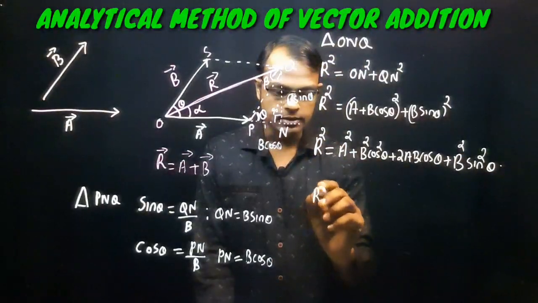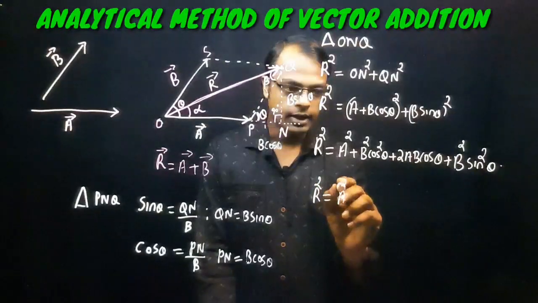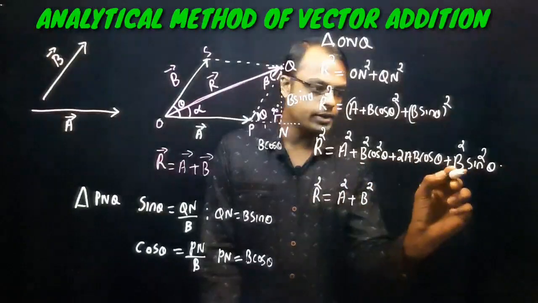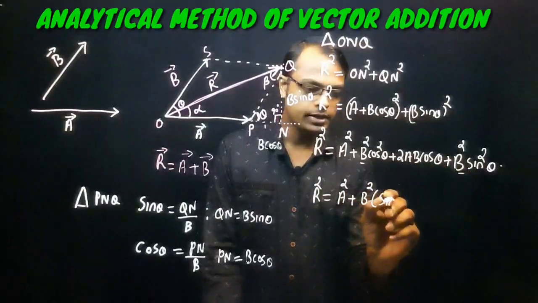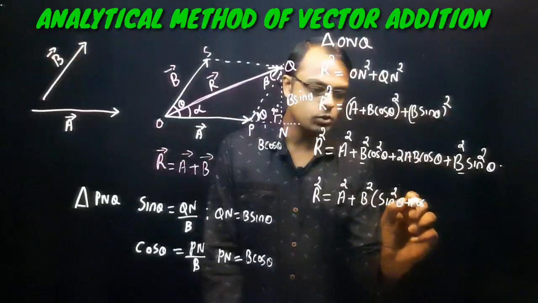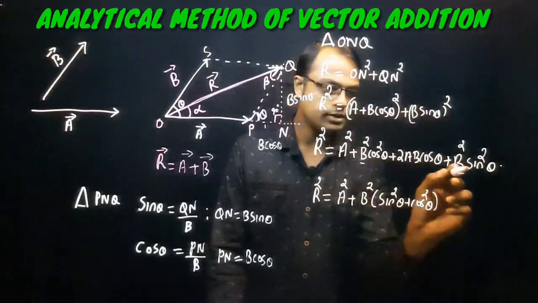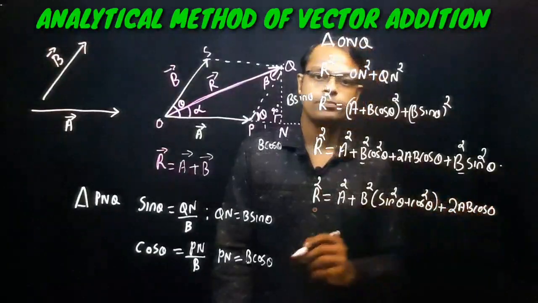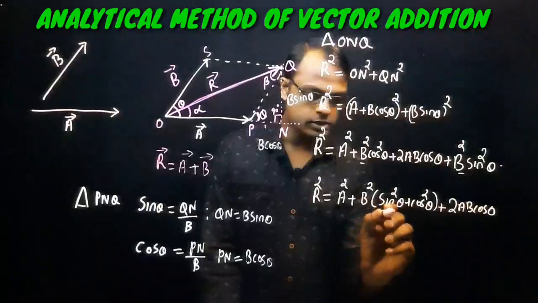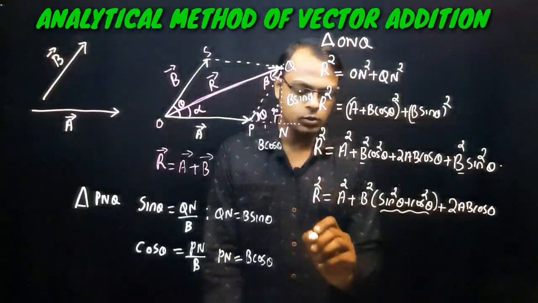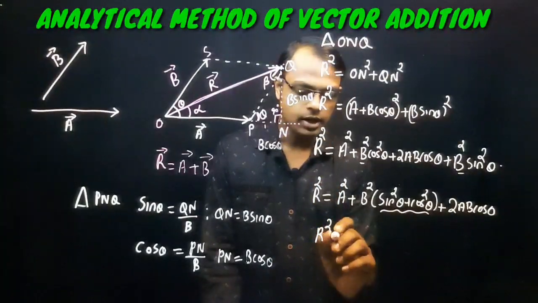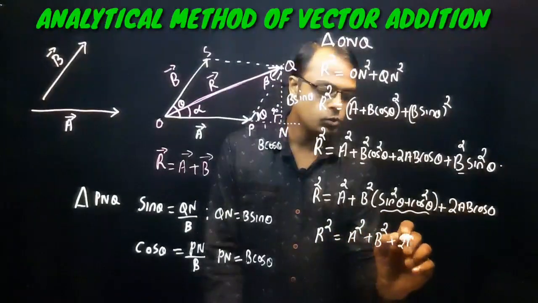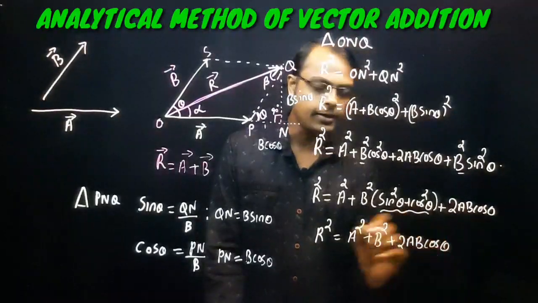Therefore, we can write here R square is equal to A square plus B square is now common here, so we can take it outside: sine square theta plus cos square theta, plus 2AB cos theta. Therefore, sine square theta plus cos square theta is equal to 1, as you already know. So what is the final equation? R square is equal to A square plus B square plus 2AB cos theta.